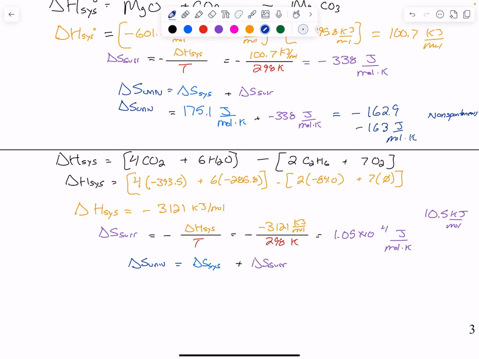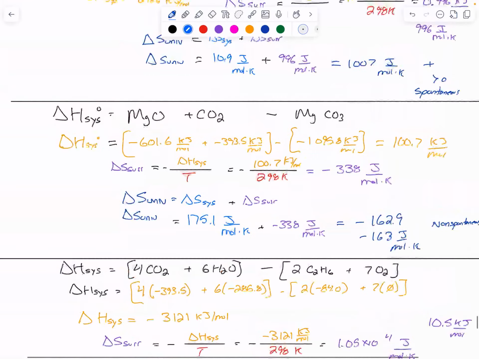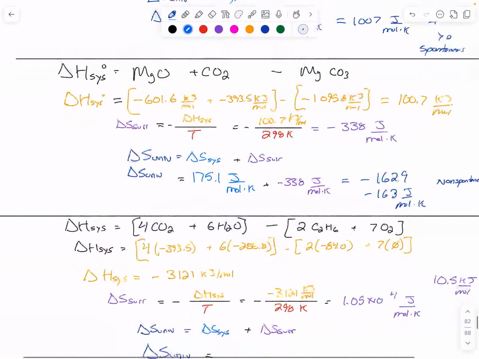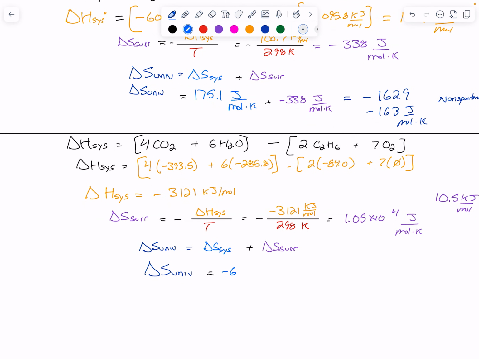So our universe will be our system, which, if we scroll back up, was negative 619.6, and then we're going to add 1.05 times 10 to the 4th joules per mole Kelvin.